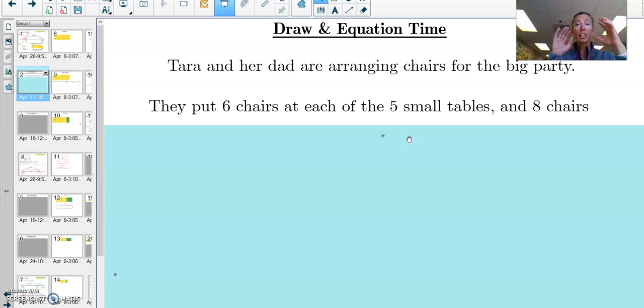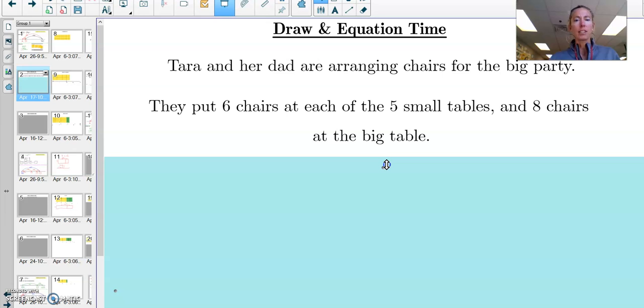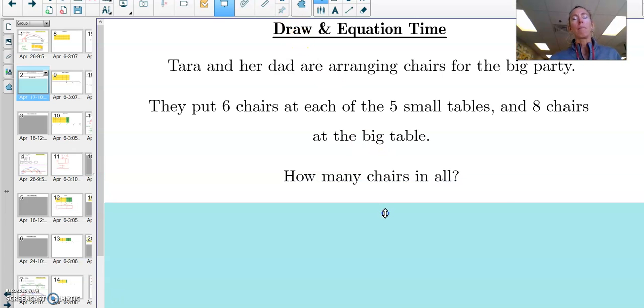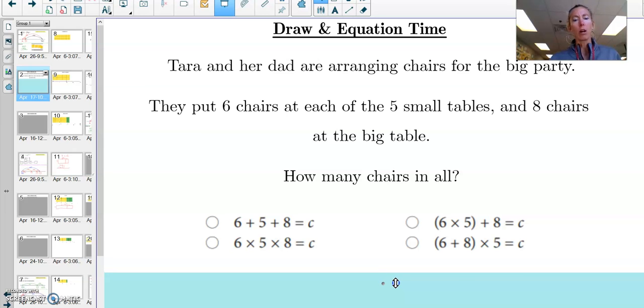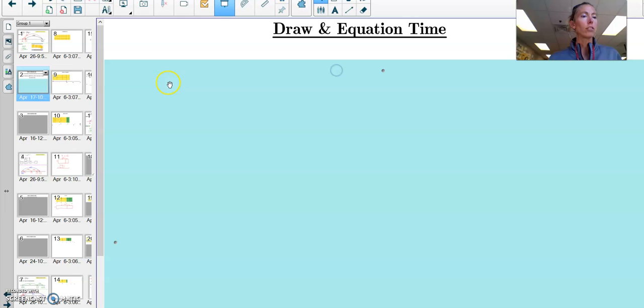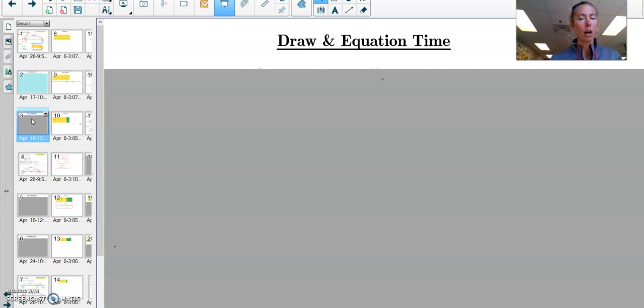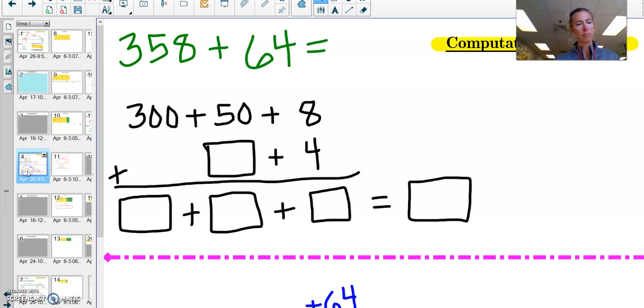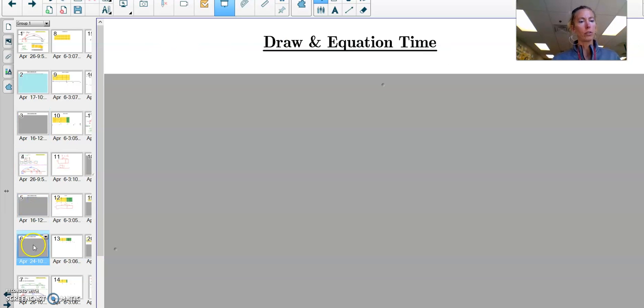They could literally draw the chairs around it, or they could just write the number 6 at each rectangle. And then 8 chairs at the big table. So now I have a bigger rectangle, and that one has 8 in it. This is making use of a drawing to help us make sense of this problem and figure out which equation would actually represent the situation. You're just taking a couple days to go through a couple of situations and saying which equation will describe that. So that has 2 days of that.